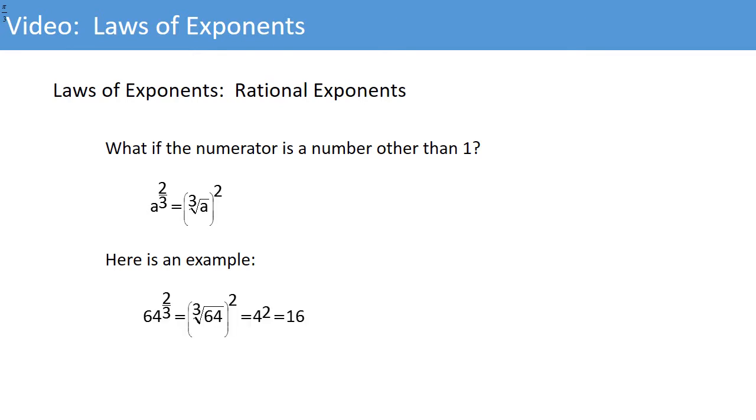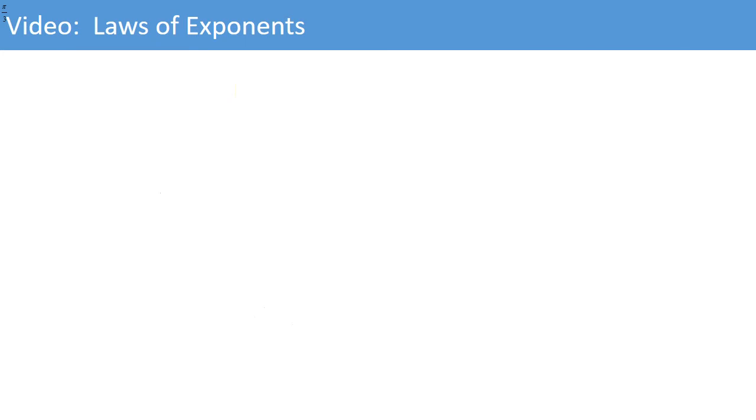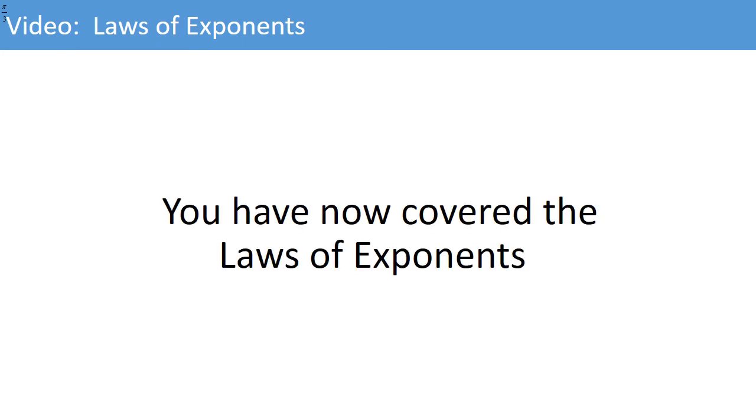Here is an example. 64 to the exponent 2/3 means to take the cube root of 64, which is 4, and then square it. 4 squared is 16. You have now covered the laws of exponents.